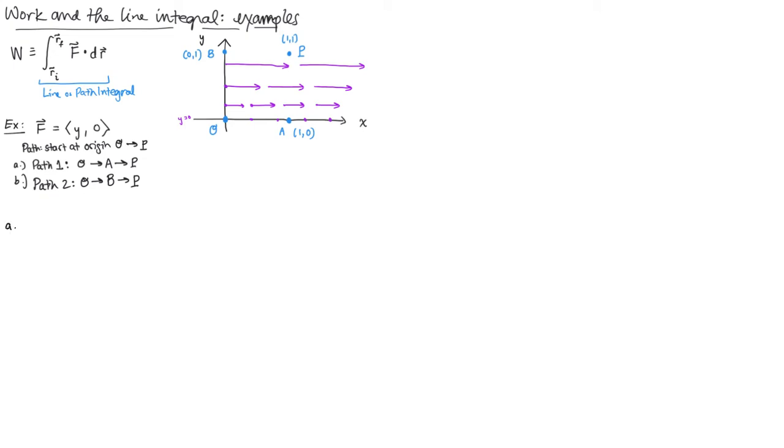First, via path A, or via path 1. So that's starting at 0, 0, going to 1, 0, and going from there to 1, 1. All right, so let me draw that in red.